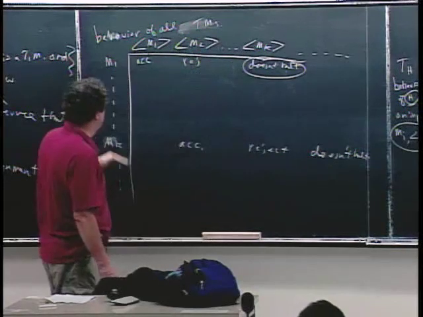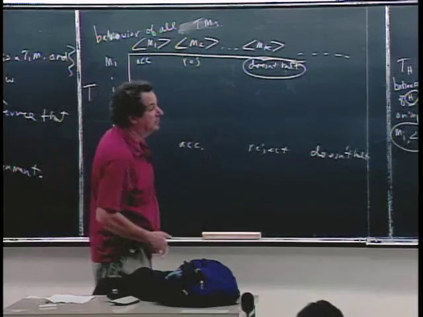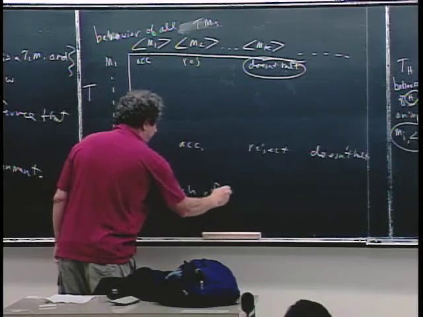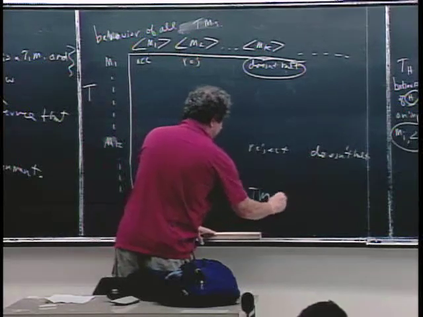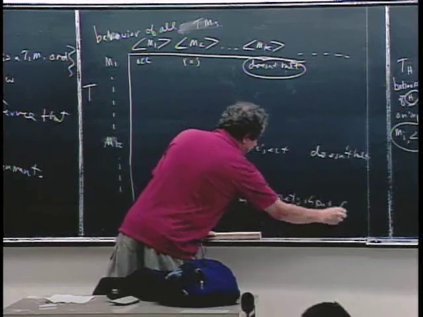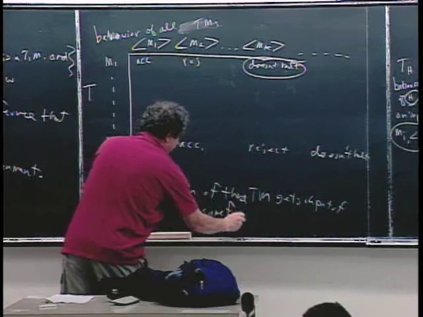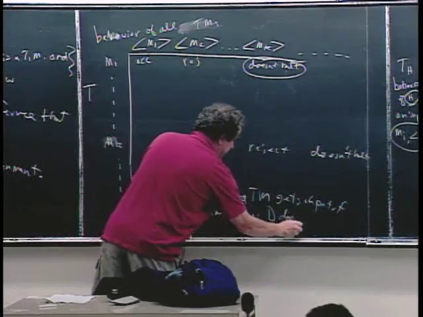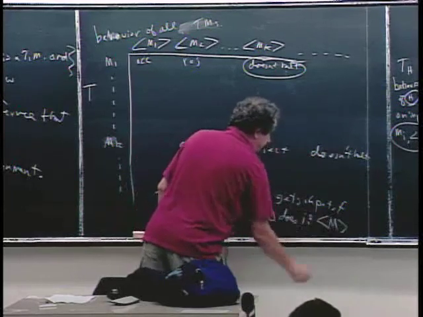So each one of these Turing machines gets input of the same form as D does, i.e., a description of some Turing machine.